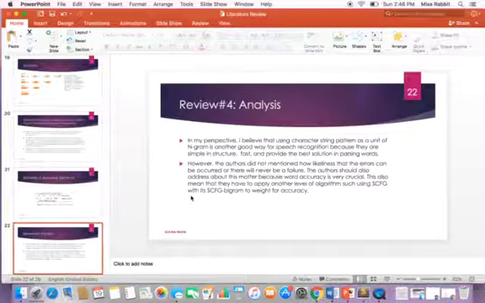The author should also address this matter because word accuracy is very crucial. This also means that they have to apply another level of algorithms such as using SCFG with its bigram to improve the accuracy.